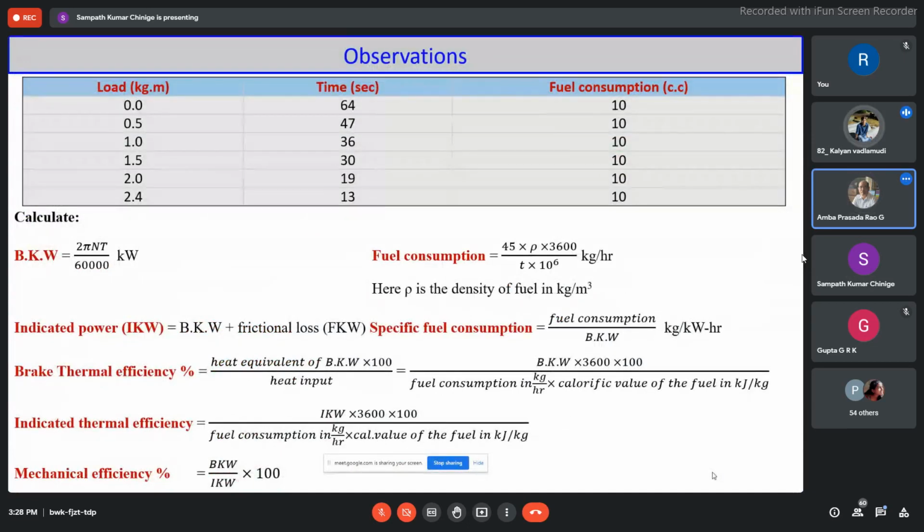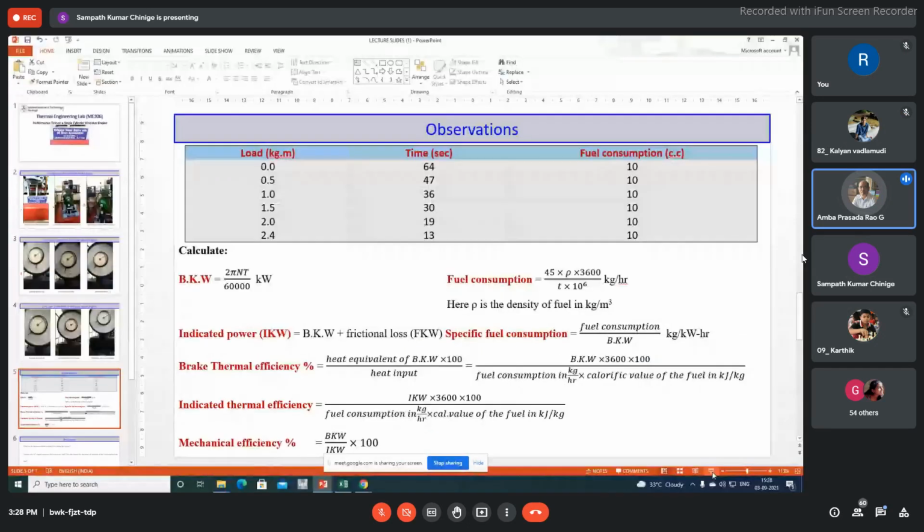Yes, sir. As I explained to you, brake power in kilowatts, BKW. The N value is 1500 and the torque meter readings are there now. Multiply by 9.81 and finally it comes to your brake power in kilowatts. Then fuel consumption: we have taken it for 10 cc, so you have to take only 10.